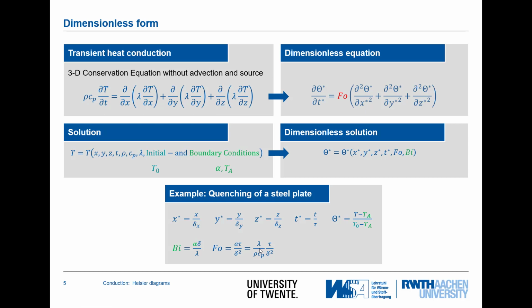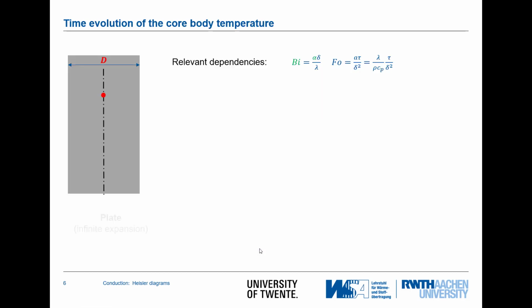We can calculate all those values for the case, and then we can look at how the temperature of the body evolves over time. So we have two relevant dependencies, the Biot number and the Fourier number, which comprise all the relevant information, so the body properties as well as the outer boundary condition.